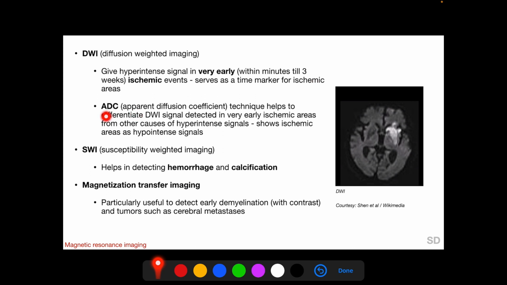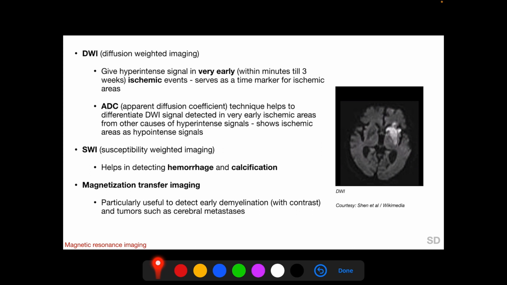The ADC technique helps to differentiate the DWI signal detected in very early ischemic areas from other causes of hyperintense signals. And ADC shows the ischemic areas as hypointense signals. So this is a DWI image showing hyperintensity in a very early ischemic event.